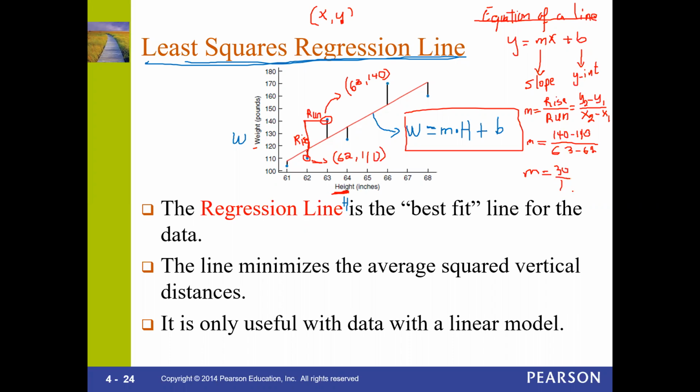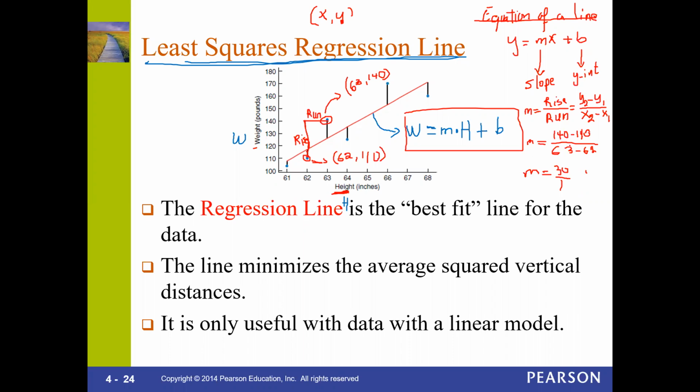It means that for every 30 pounds, there's an increase of 1 inch. Okay, because this is the slope. It's pound per inch.